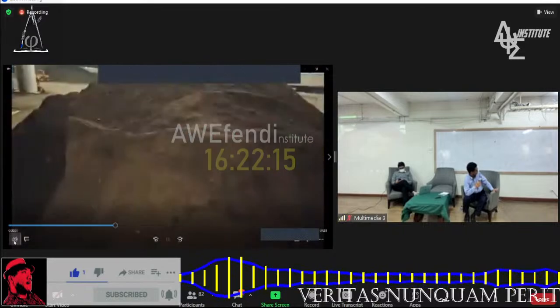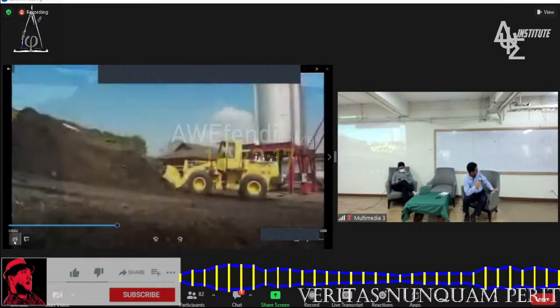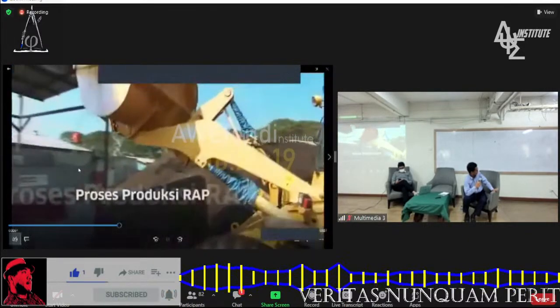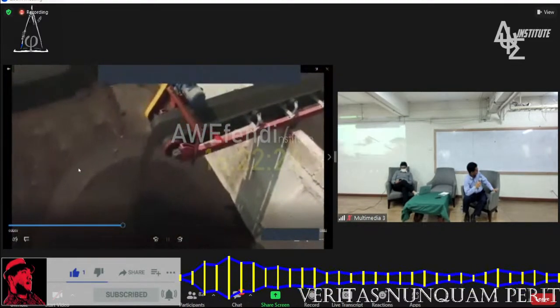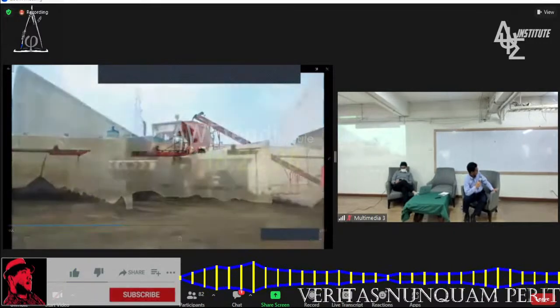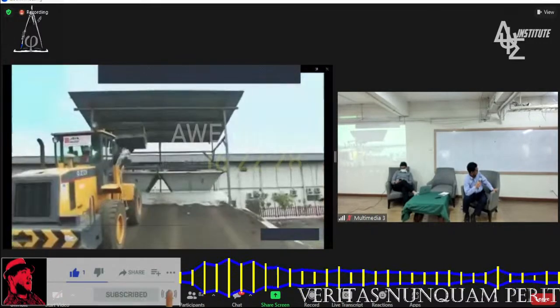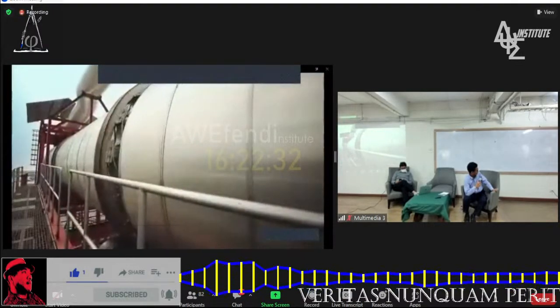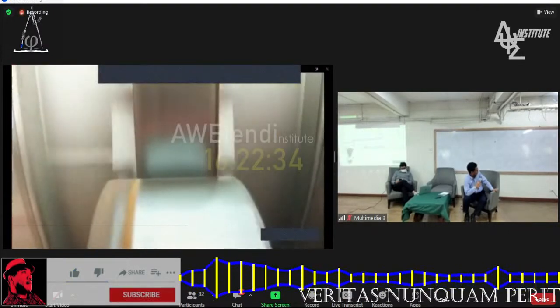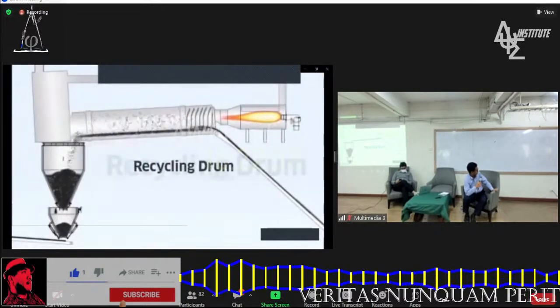Mesin granulator memisahkan agregat kasar dan agregat halus dari reclaim aspal pavement dengan cara melepaskan butiran agregat dari lekatan aspalnya tanpa memecahkan butiran agregat kasarnya sehingga menjamin homogenitas gradasi campuran yang dihasilkan. Reclaim aspal pavement dipanaskan di recycling drum dengan menyalurkan udara panas ke dalamnya.